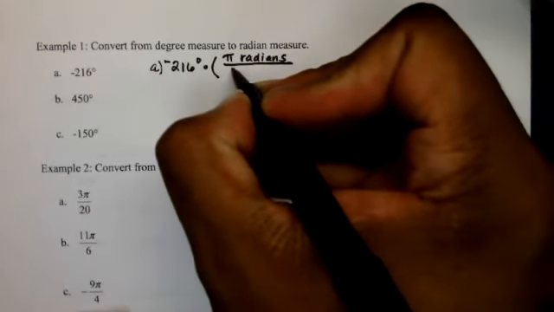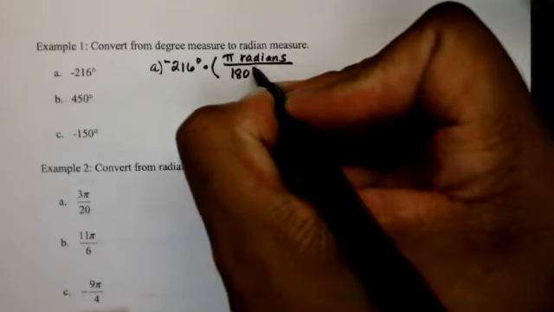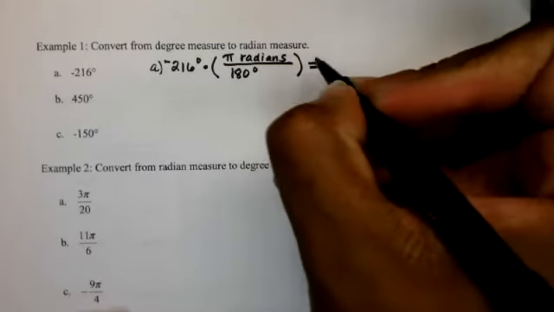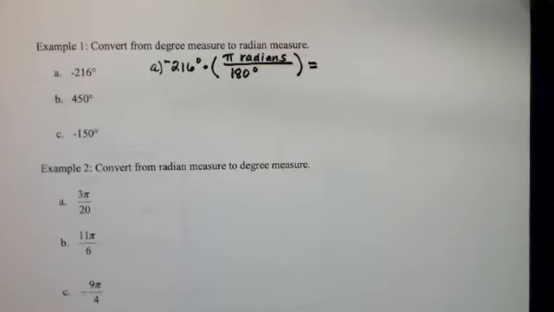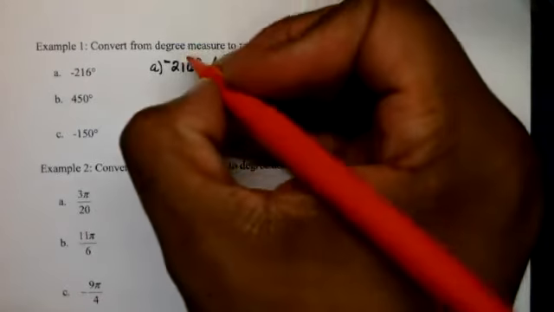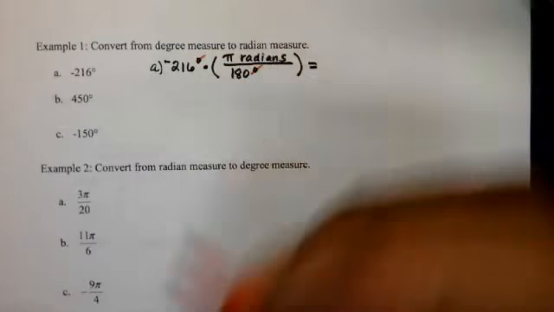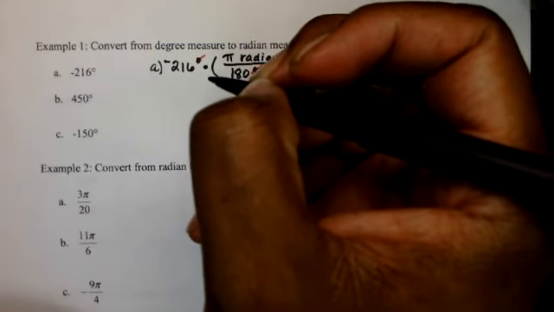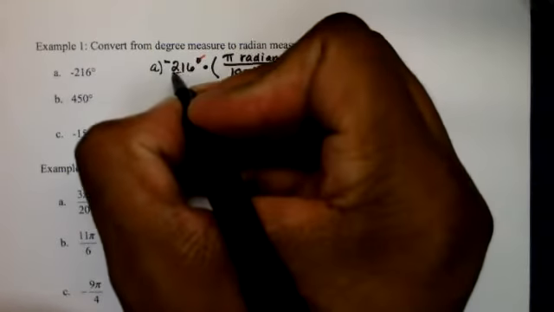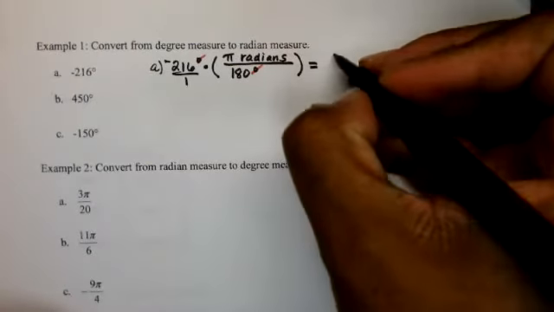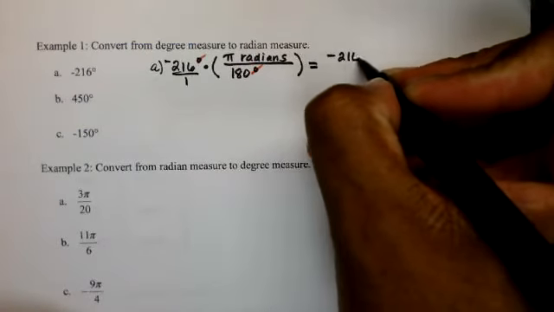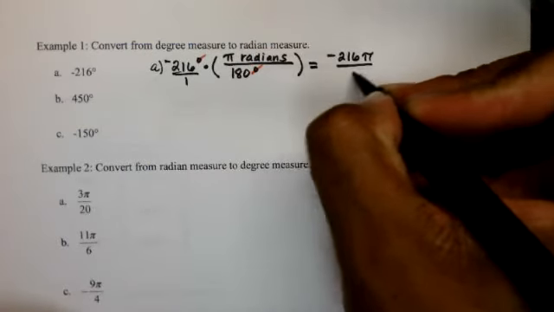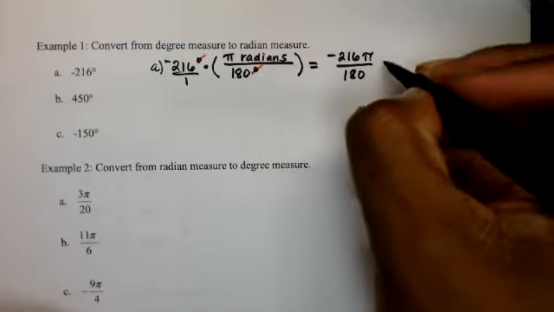When we do that, the degree symbol divides out, so your answer will be left in terms of pi. I'm going to treat negative 216 as negative 216 over 1. So this would be negative 216 pi over 180.